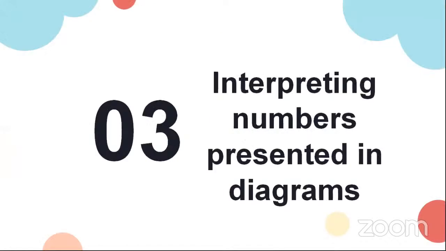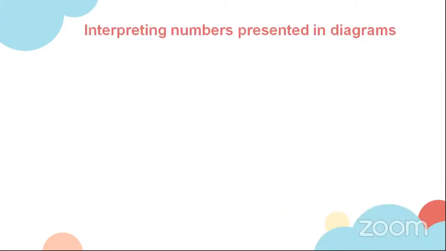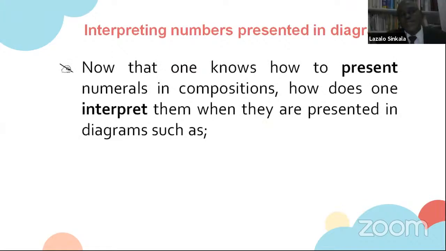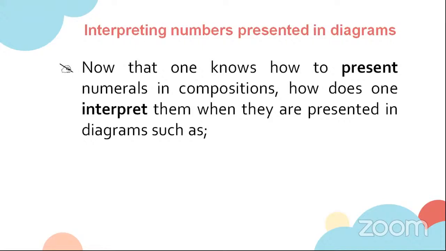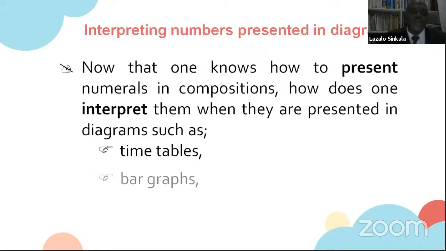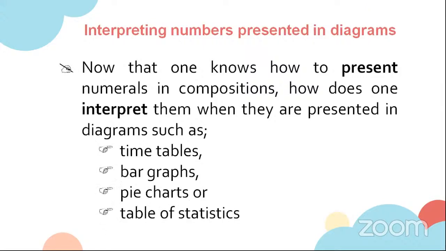So let's now move on to the interpretation of numbers presented in diagrams. If we teach these things and our learners know, let's look at interpretation. How does one interpret them when they are presented in diagrams, such as timetables, bar graphs, pie charts, and tables of statistics?